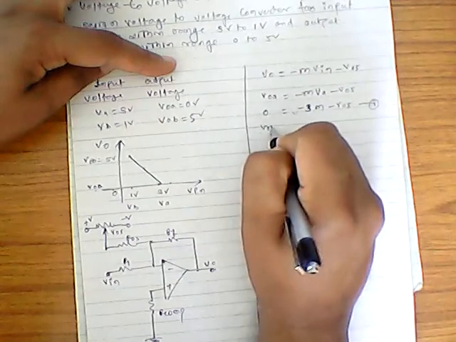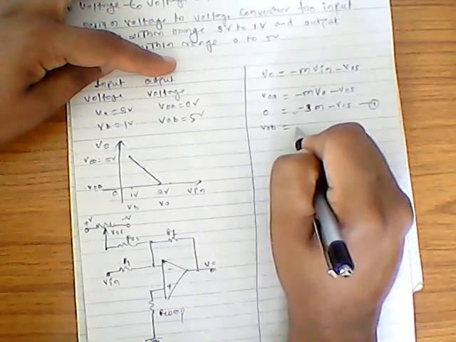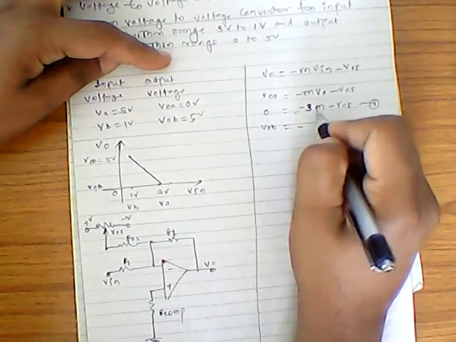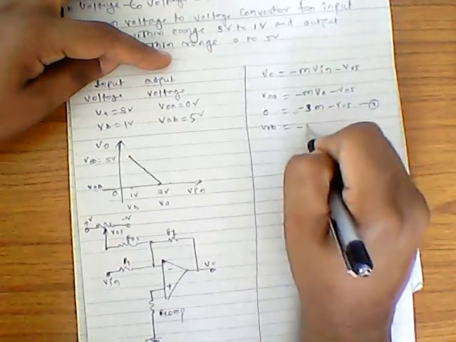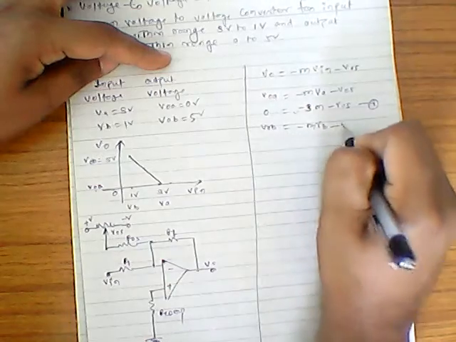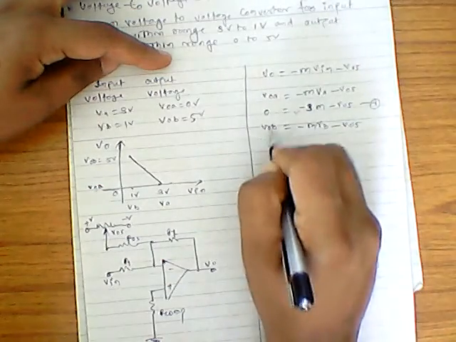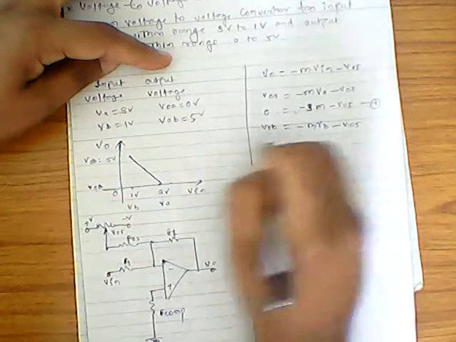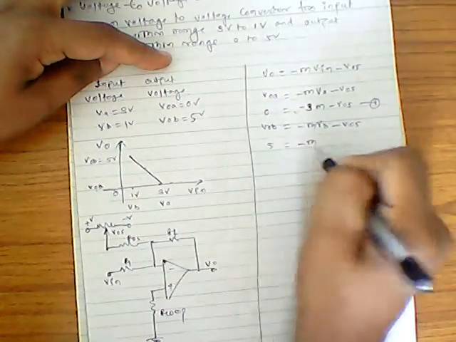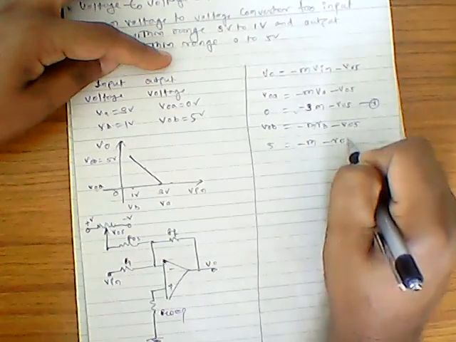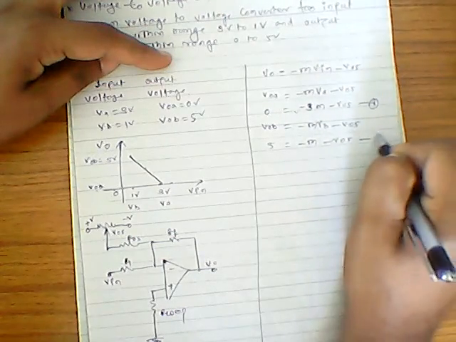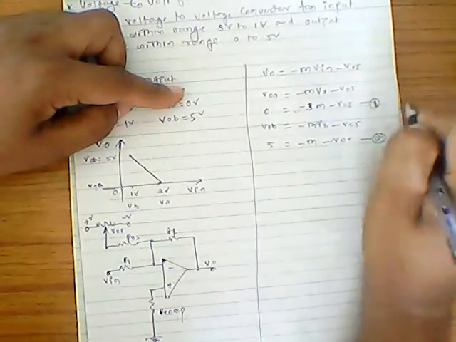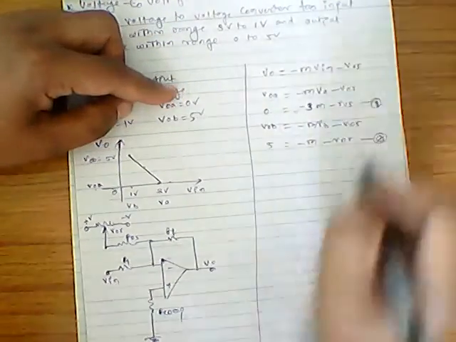Similarly, VOB is equal to minus M VB minus VOS. So put these values. VOB is 5, equal to minus M minus VOS. This is equation 3.